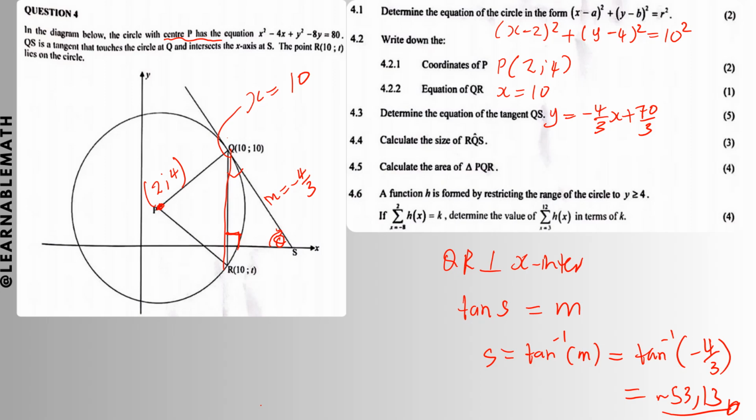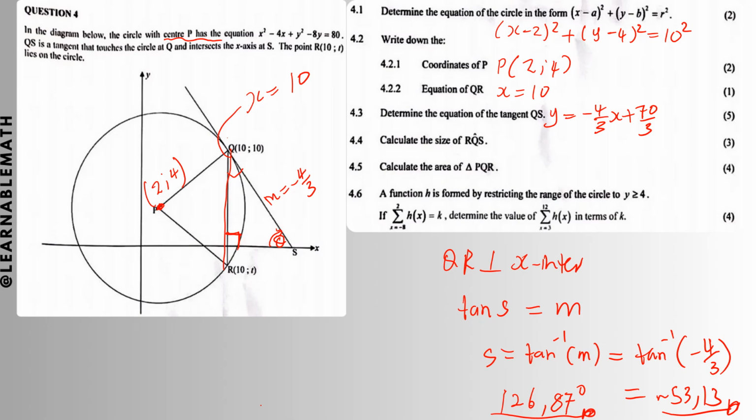So we say plus 180, which is going to give us, if I add 180, about 126.87 degrees. So that will be my angle S there.